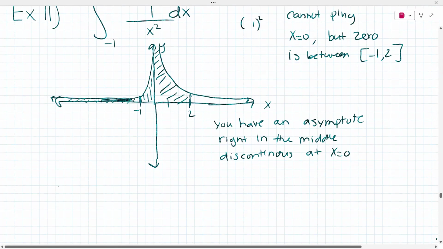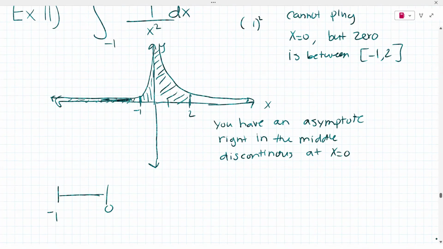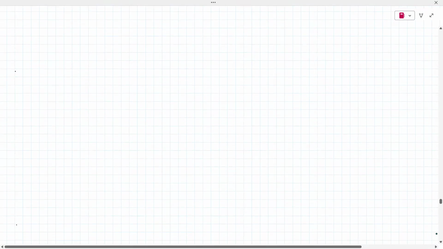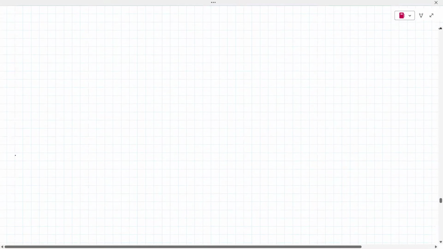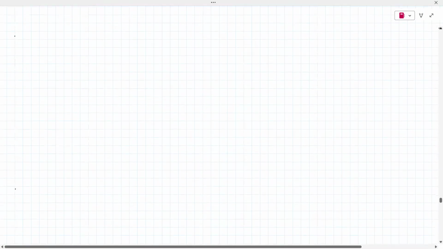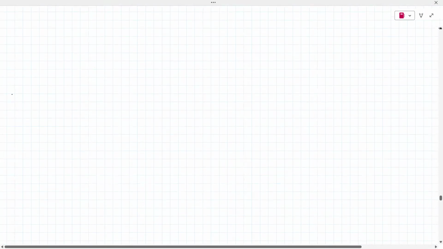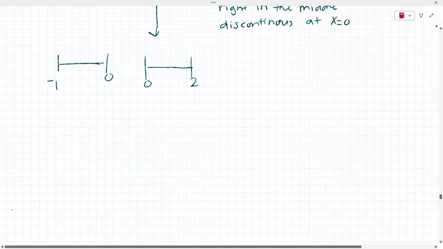If you look at the chart from -1 to 0, and then from 0 to 2, so you're going to rewrite this as two separate integrals.